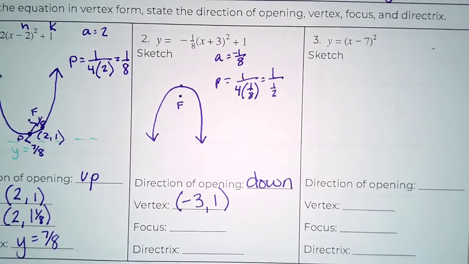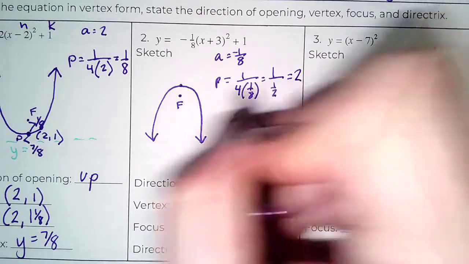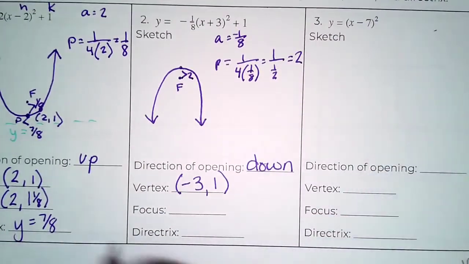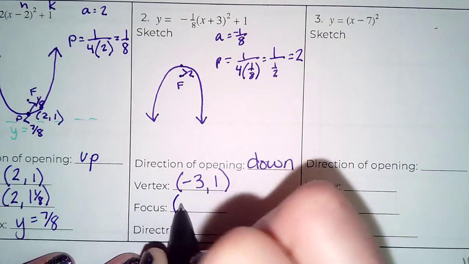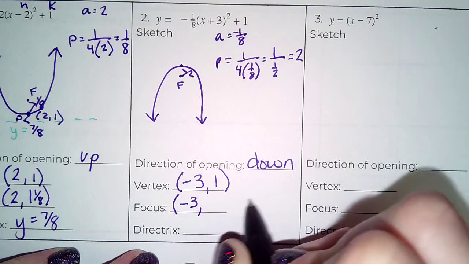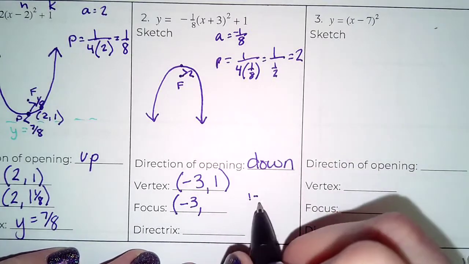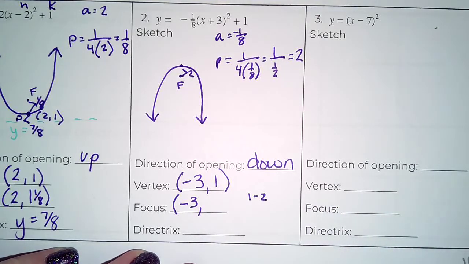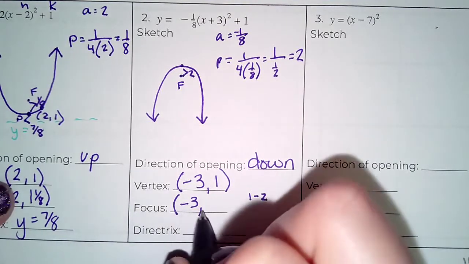And then 1 divided by a half is 2. So the distance here is 2. I'm going to take my vertex, and the focus will have the same x value. For the y value, I'm going to take the 1 and subtract the p value. So subtracting 2, we get -1.